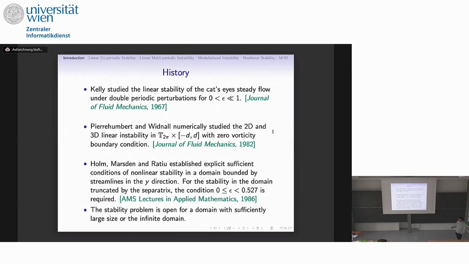Okay, now let's look at the stability of these solutions. This is a steady solution. Of course, we want to know whether or not they are stable or unstable. So first, we should mention, maybe just right after Stuart wrote down this solution, Carey studied the linear stability for doubly periodic perturbations.